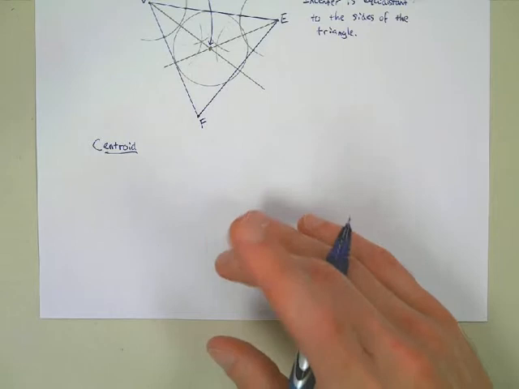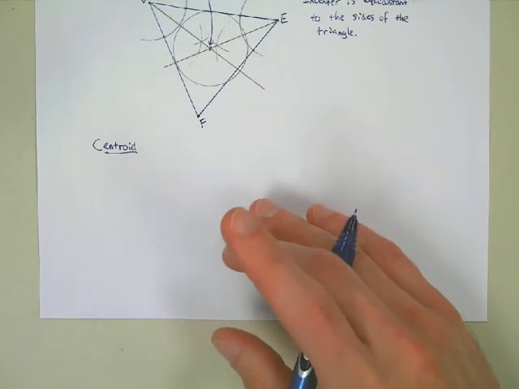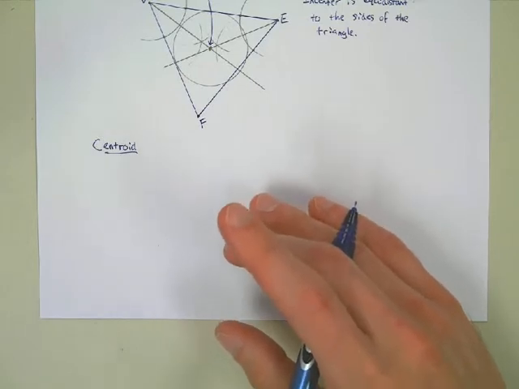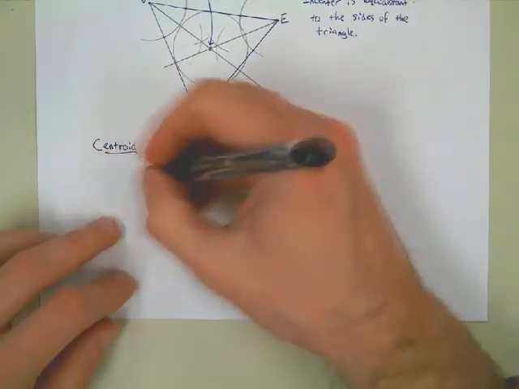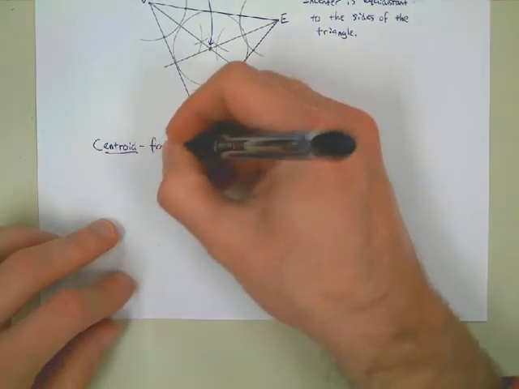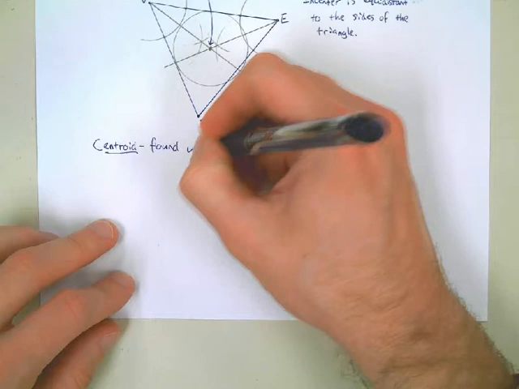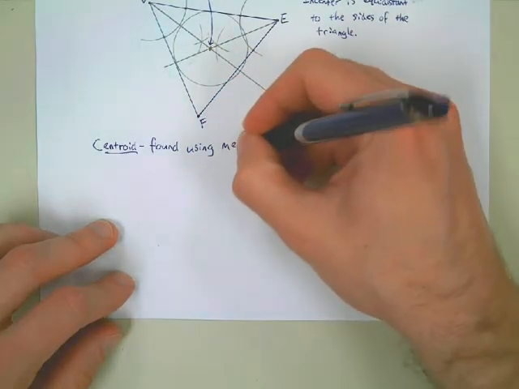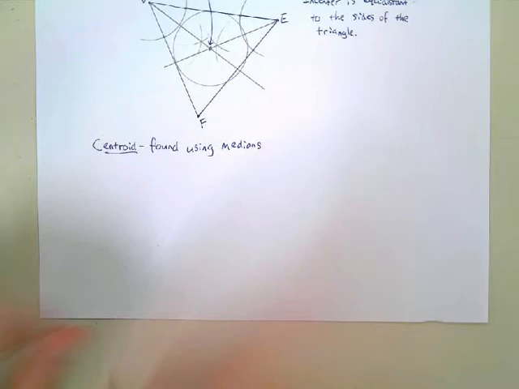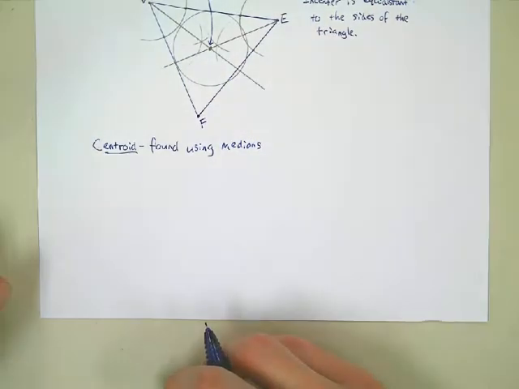The centroid is not the center of some special circle. It's central in some sense, but not in the sense that it makes a circle. It is found using a special segment called the median, or medians.